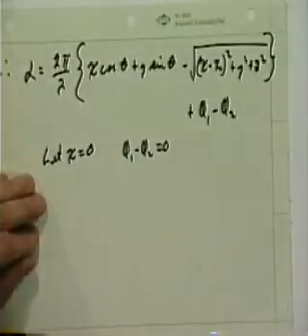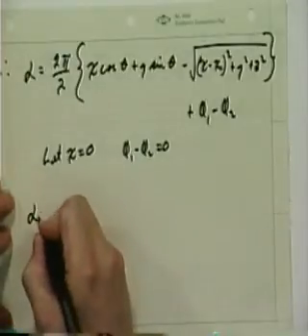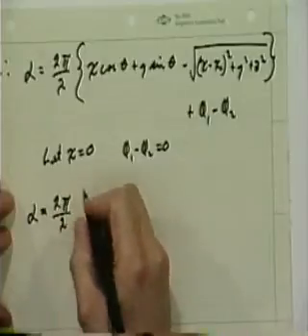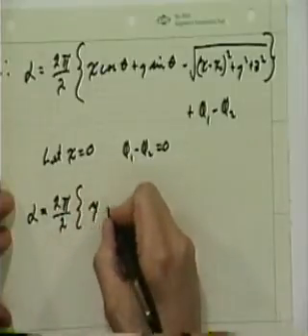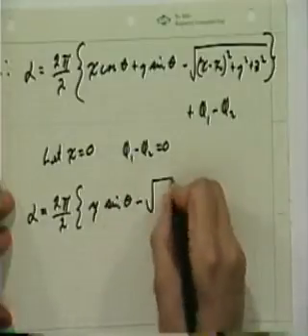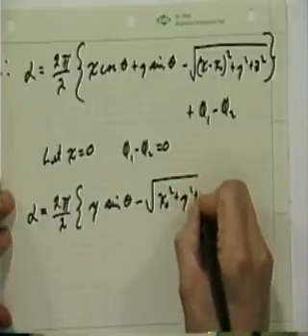It's not going to change the shape, just shift them. And so we'd have here alpha is 2 pi over lambda times y sine theta minus the square root of x naught squared plus y squared plus z squared.